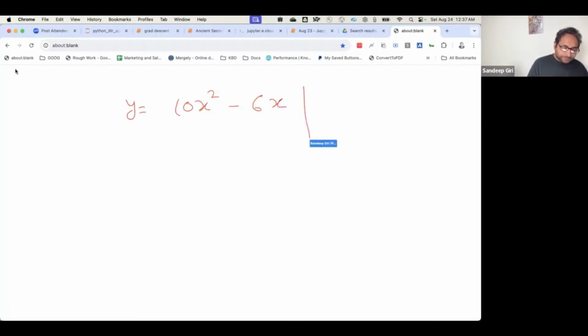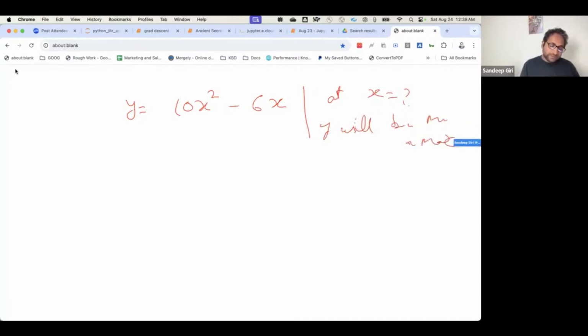Tell me the place where it will hit the minima or maxima. What is the minimum value of this? And at what value of x? At what value of x will y be minimum or maximum? Yes? How would you find out? What's the first derivative of this? dy by dx is how much?